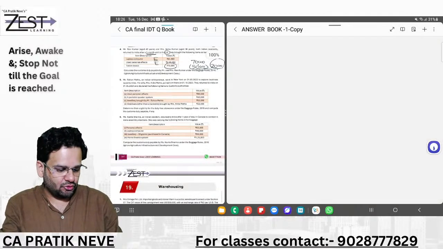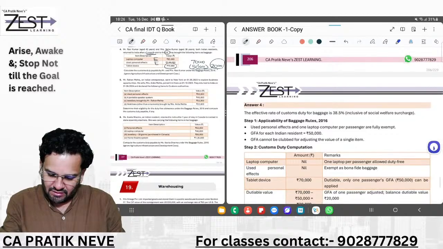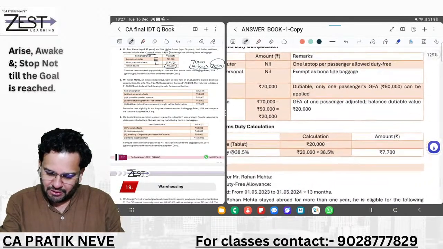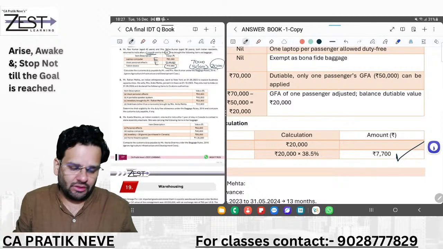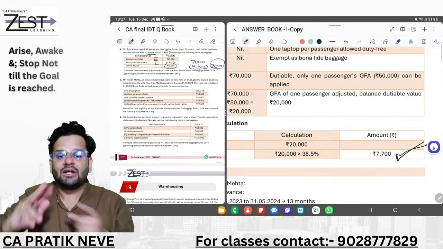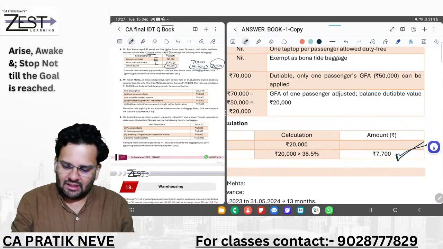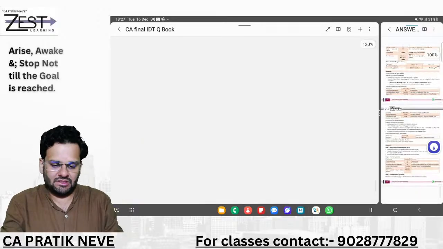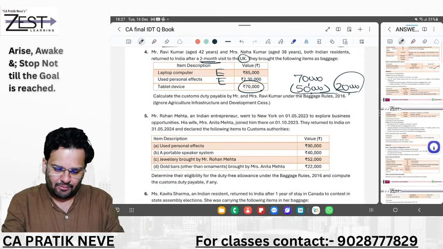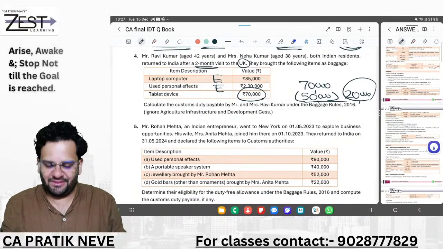So 20,000 into 38.5%, 7,700 will be the duty payable. It can be shown as baggage either with Mr. or in the hands of Mrs. But you cannot combine the GFAs. I'm not showing that working, but I hope all of you have understood it.